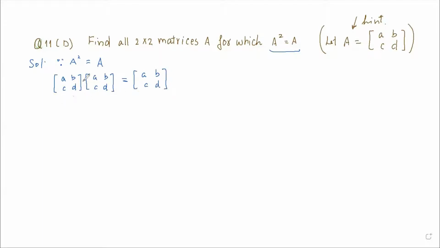Then we do the matrix multiplication. First row times first column becomes A squared plus BC. Then first row, second column becomes AB plus BD.